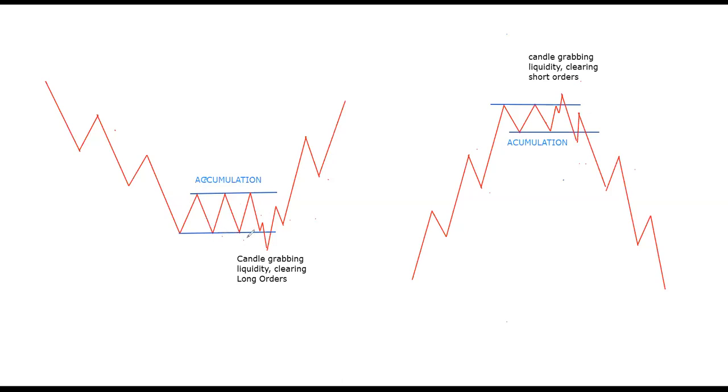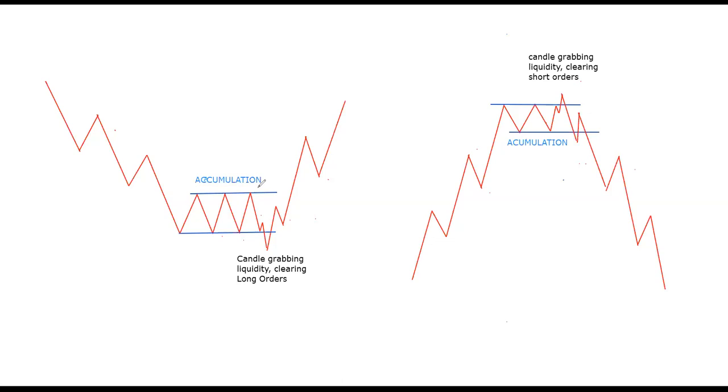Now, let's say the banks are looking to take a trade. If you are buying, you need your broker to pair you up with someone who's selling, and if you are selling, you need your broker to pair you up with someone who is going to buy. That's how it works.